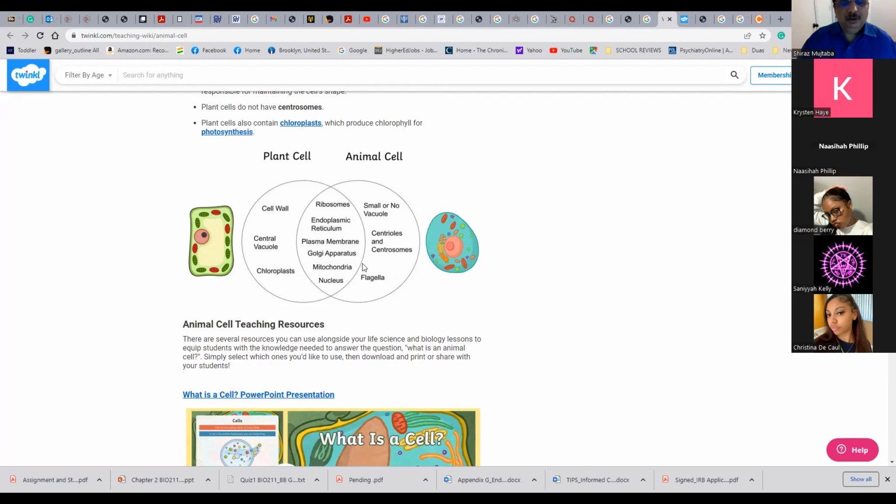They are not dependent. But animals, humans included, are dependent for a source of energy. We don't have the ability to directly convert solar energy into carbohydrate or glucose, which, as I mentioned in the last class, is the major source of immediate energy.